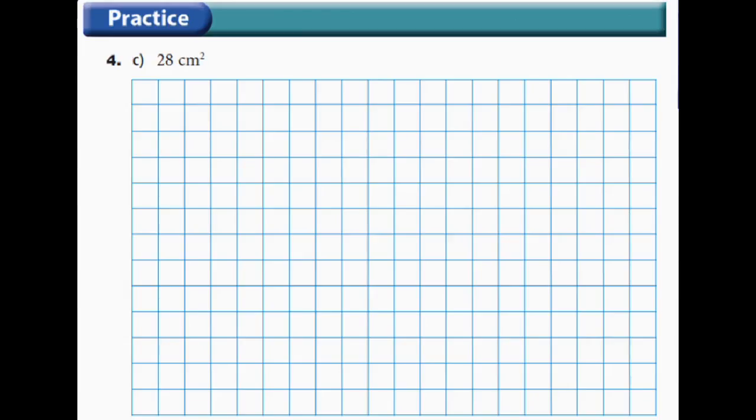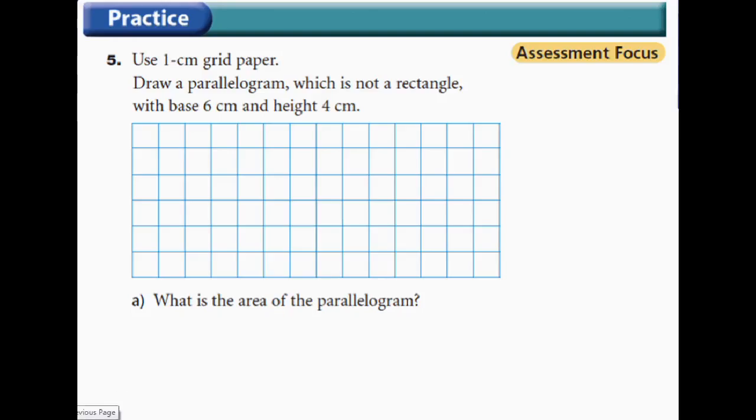Number 5, draw a parallelogram which is not a rectangle with a base of 6 and a height of 4. So we've done something just like this before. So base of 6, so 2, 3, 4, 5, 6, not a rectangle, so I'm just going to move it over like that. And how did I know how long this top part would be?